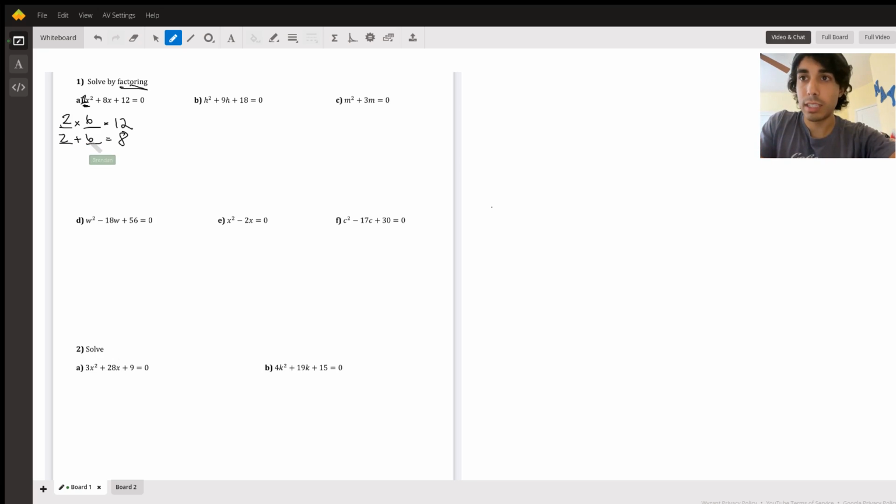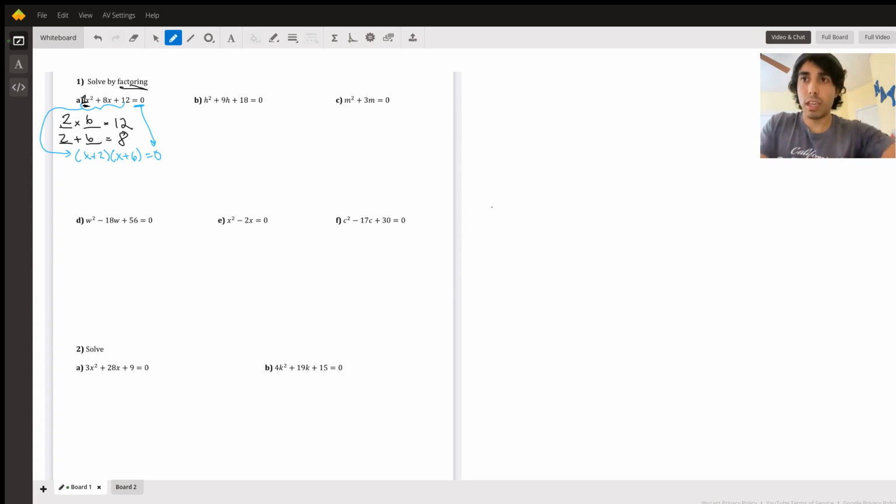So what that tells us is that this whole thing right here factors into those two numbers that we just got. It will give us (x + 2)(x + 6), and then don't forget that's going to be equal to 0. All right, so remember, notice what we've got now. And remember what we talked about on Friday.